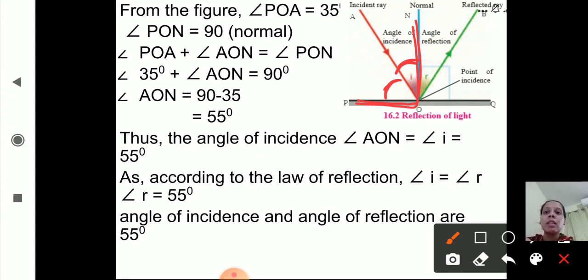POA is given, that is 35 degree. So we will put the value: 35 degree plus AON is equal to 90 degree.